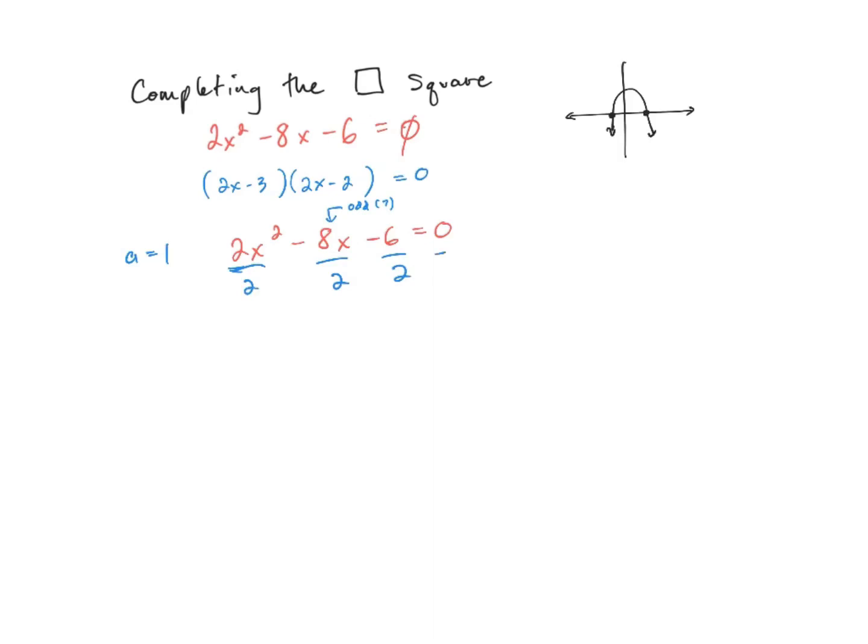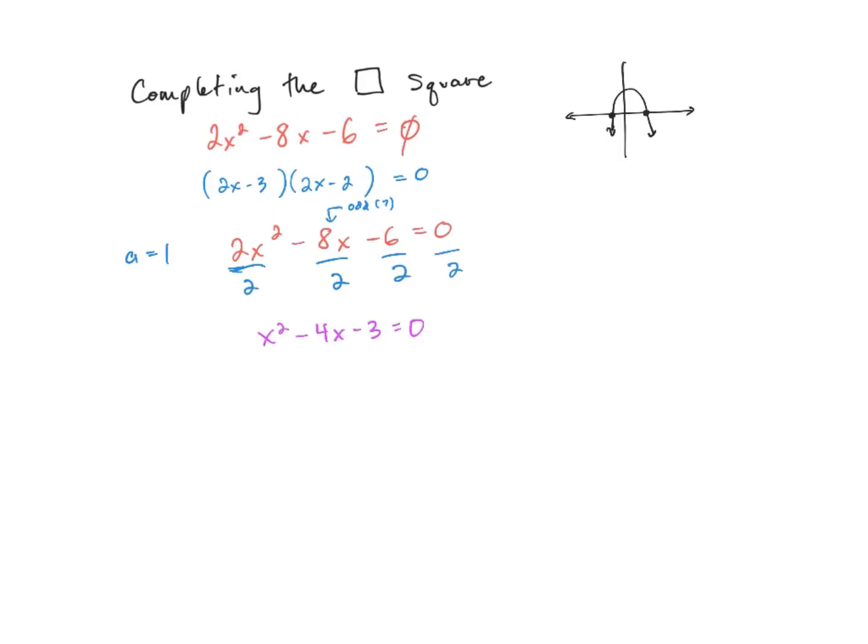So if I divide everything by 2, including the 0, that's going to create an equation of x squared minus 4x minus 3. And what I want to do is make room on the left side here so I can manipulate the numbers to give me a square.